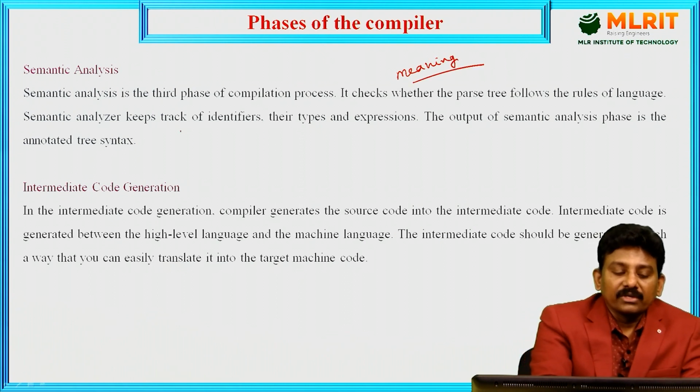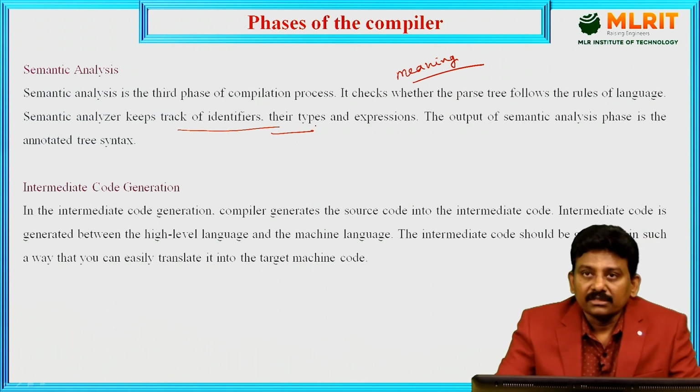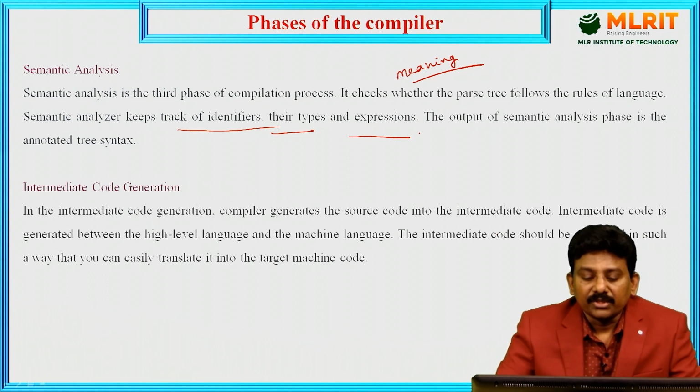It keeps track of identifiers and the type of the identifiers, whether integer or character, whether basic type or constructor, like that. It checks the meaning of the expressions, the meaning of the identifier and types of the identifier. If any type mismatch occurs, it will give an error.